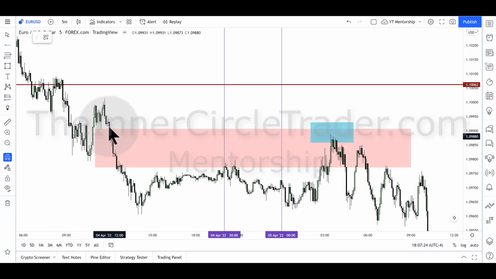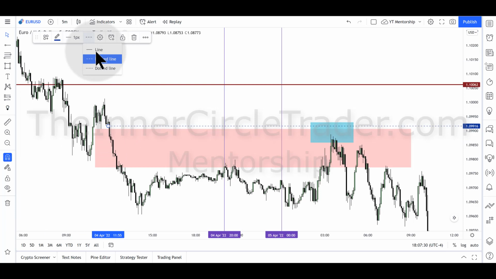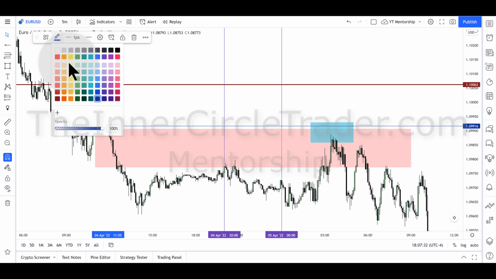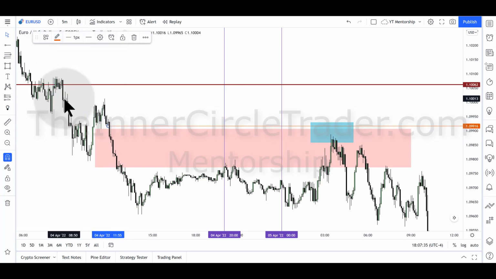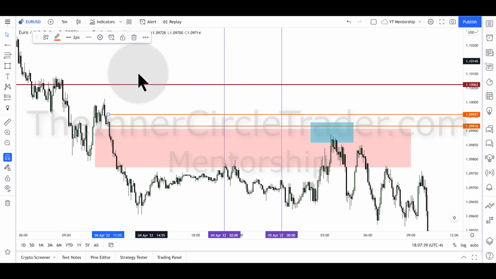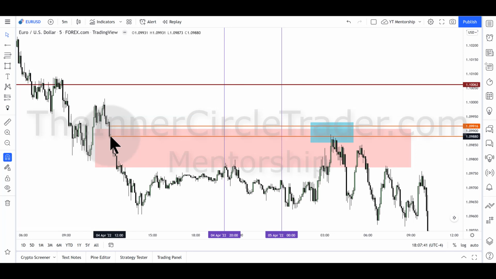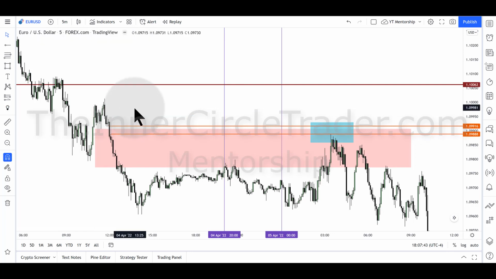What's this? You have a SIBI in the form of a fair value gap right there. It breaks lower after running a short-term high. It breaks lower.